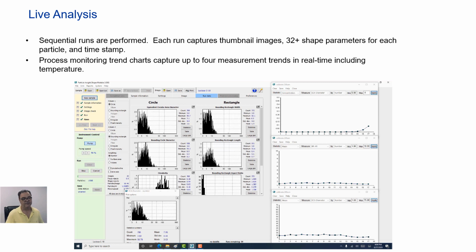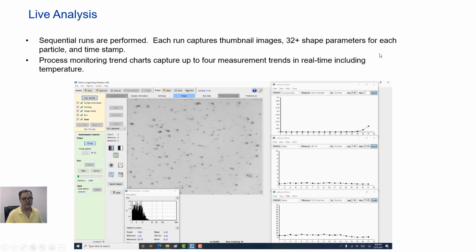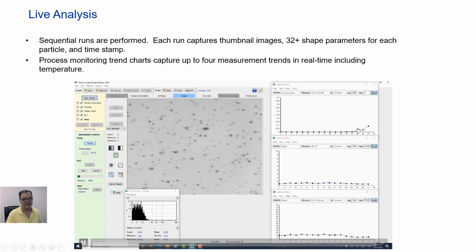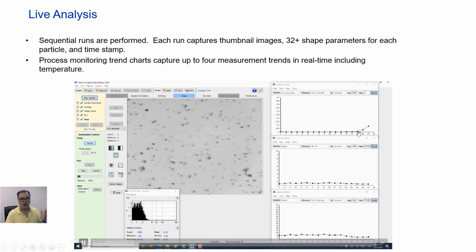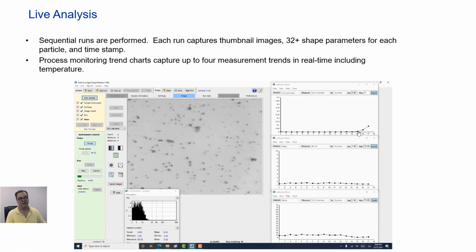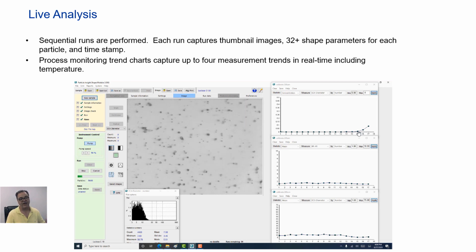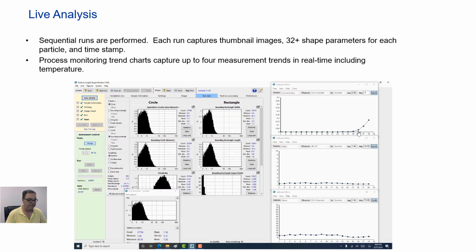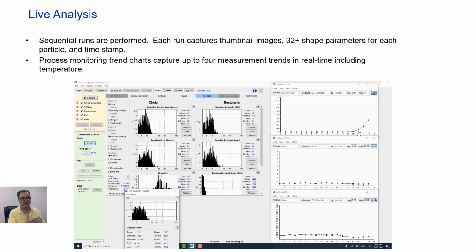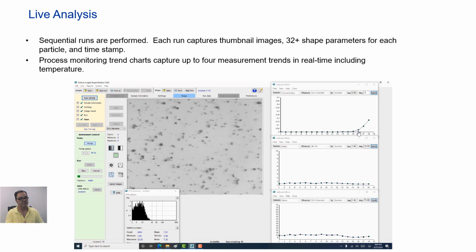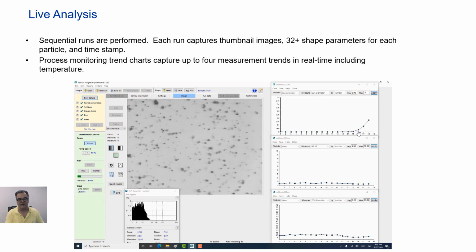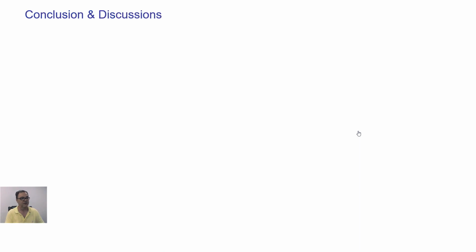So again, if I go into one sample here that's an outlier, I can go into that one run. I could look at the thumbnails, and I could look at all the statistics and the data for that one run. And again, you have the objective evidence of having the thumbnails, which is a very valuable factor for looking at the results.